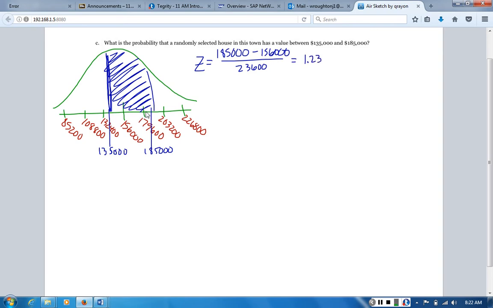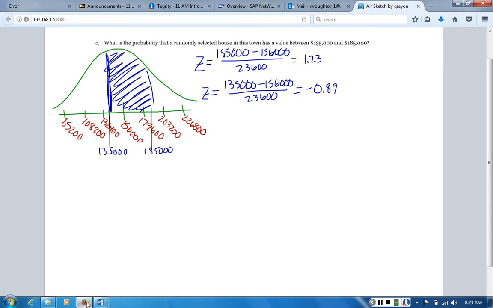I knew it should be between positive 1 and positive 2 from my picture. I'm going to do the same thing with my other value, this time the 135,000, over our 23,600, which will give us a z of negative 0.89. Again, negative since we're below the mean. We're not quite one standard deviation below.